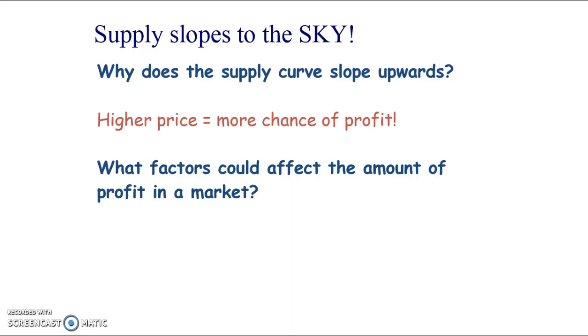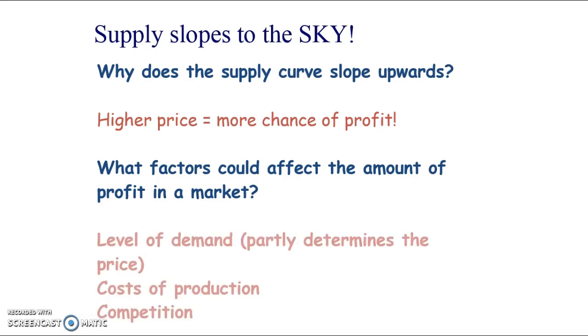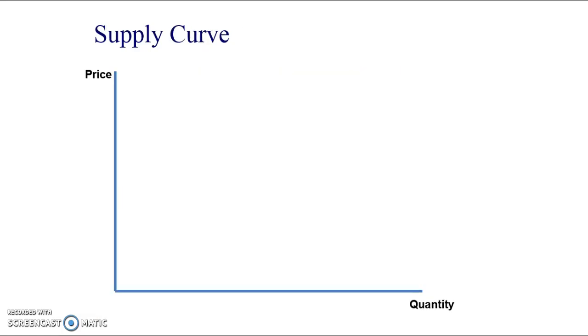And what could affect the amount of profit in a market? So the level of demand is going to determine the price, but that's really quite independent from the supply curve. But the cost of production and the amount of competition in the market are going to determine the amount of profit that you're able to make. And we're going to see some of the factors that determine this supply curve in a second.